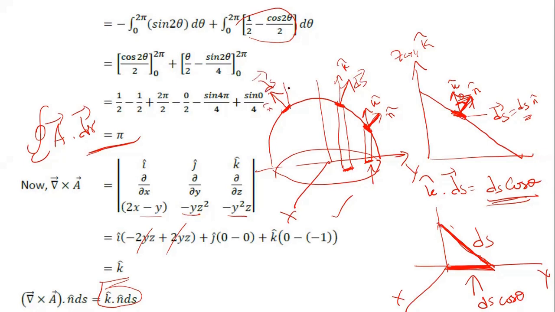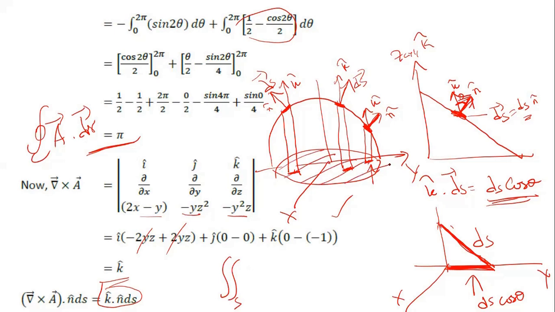If you take a dot product with k cap here, this again is a projection of this surface on this xy plane. So if your ds vector is a projection of the actual curved surface on the xy plane, when you perform the surface integration here, it will simply give the area of this circle, isn't it?